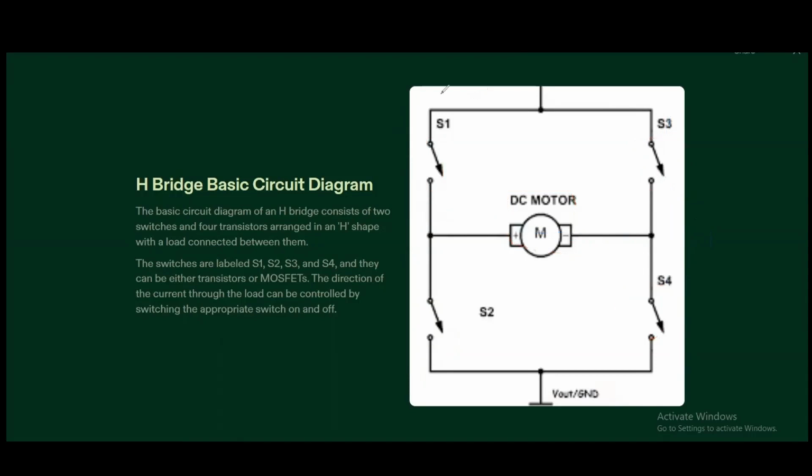Now moving further, here a voltage source is applied at this position. It could be VCC or any other name, but there is a DC voltage source, and here a ground is connected. These switches could be either transistors or MOSFETs. The direction of the current through the load can be controlled by switching the appropriate switches on and off.